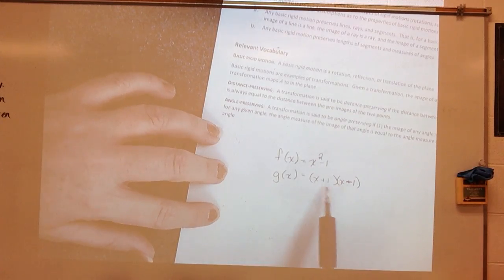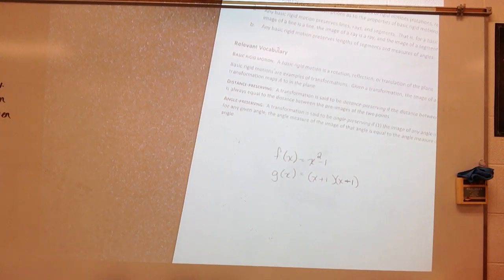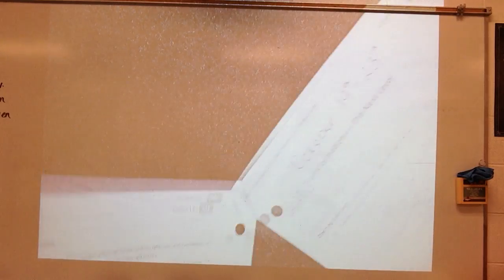If I were to multiply this out, I would end up with x squared minus 1. Because these functions give me the same image, they are equal. Even though I'm going through different procedures, they still give me the same value. Given the same input, both outputs are identical, therefore these two functions are equal. And this applies to geometric functions as well.